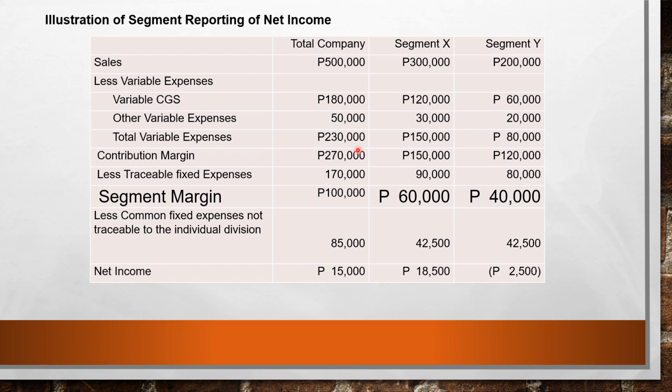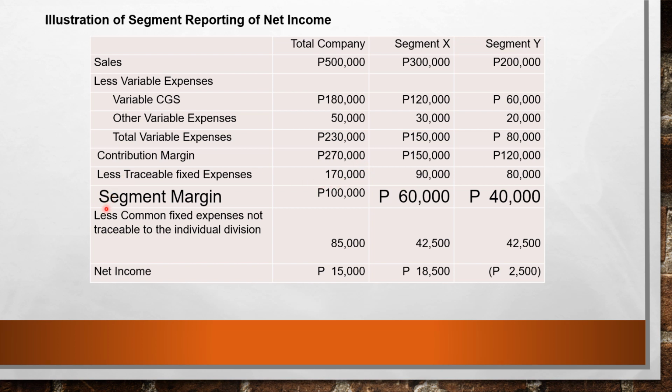Okay, so we have the contribution margin. From this contribution margin, we will deduct the traceable fixed expenses. The traceable fixed expenses specifically attributable to X is 90,000 and to Y is 80,000, making up 170,000.